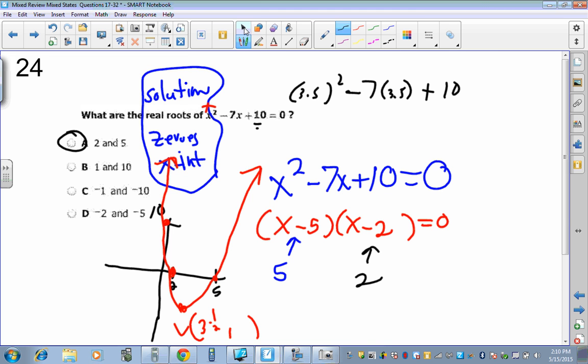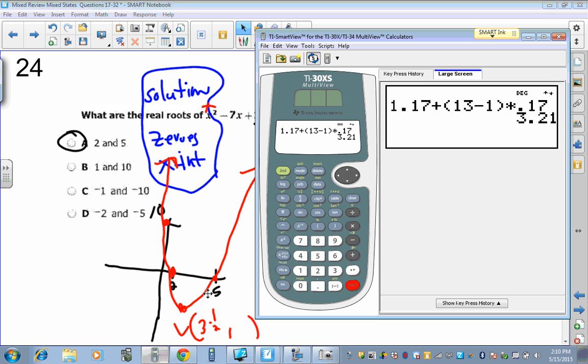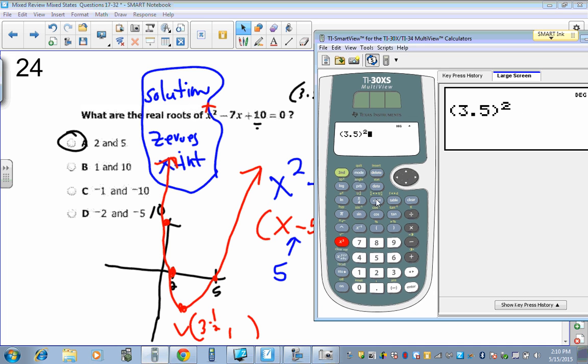And this probably would come in like on the calculator part of the test. Okay, so we'll use our calculator. So we plug in x squared minus 7x plus 10.